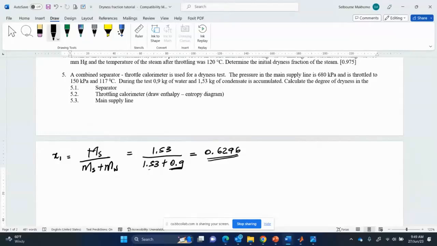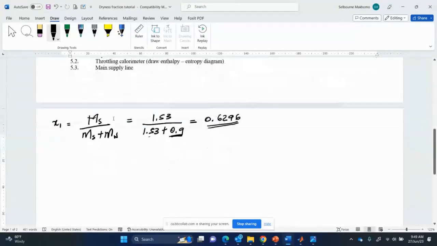But let's first calculate the dryness fraction of steam in the throttling calorimeter. We will say that HF plus X2 HFG is equal to H sub g.